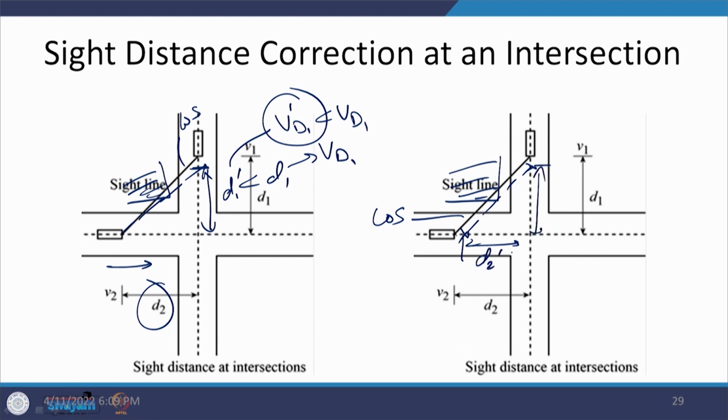So, this is d2 dash and this is d1 dash. In both of the cases, now I am going to place a sign here as well as a sign here, which defines that the speed limits are being imposed. So, this is how we can calculate the sight distances under different conditions as well as at an intersection.